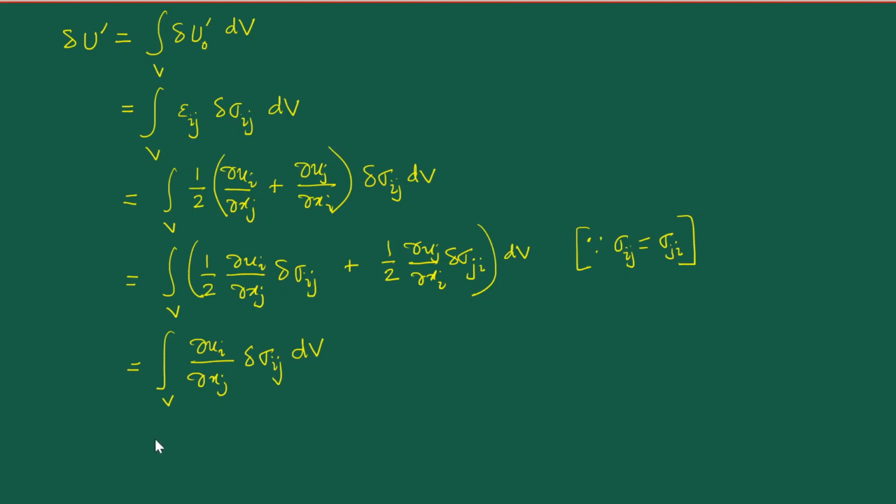All right, next what we'll do is a little algebra to recast this in this fashion. So what we wish to do is take both this ui and this delta sigma ij term within the partial derivative.